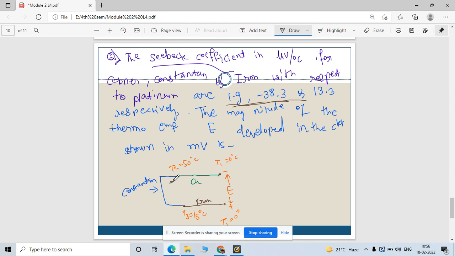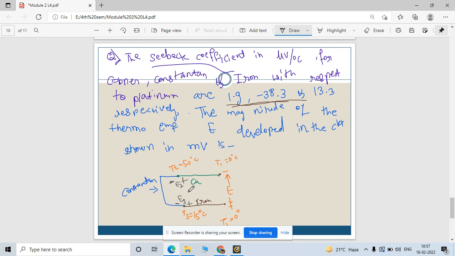This is your minus and this potential is your plus. The same way, this constantan wire is connected to this iron metal, so this is also minus with respect to your iron. Now let's say this is your E2 and this is your E3.